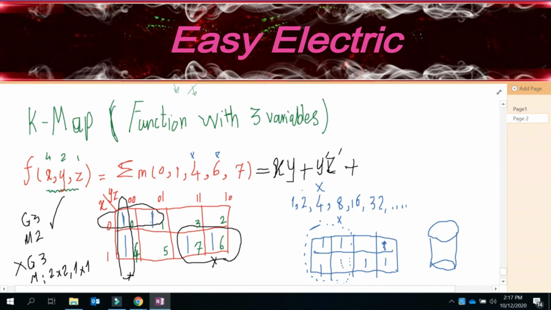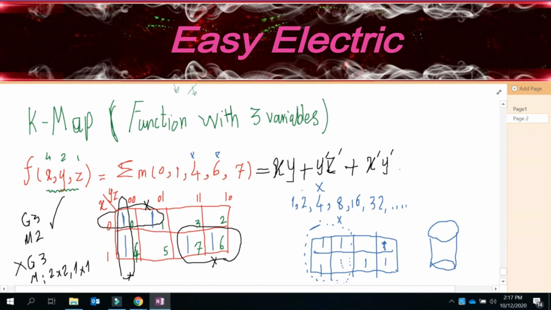And the last one should be the corresponding term for this group that you see, the group of minterms 0 and 1. So again, check the x. Here x is 0, here x is 0. So you will have x prime. How about y? Y here is 0, here is 0, get the prime, y prime. How about z? Z here is 0, here is 1, 0, 1.